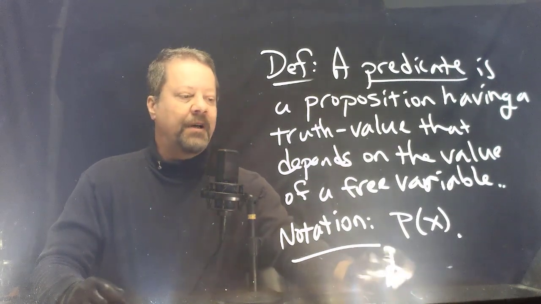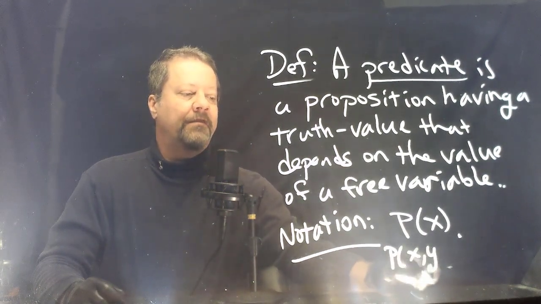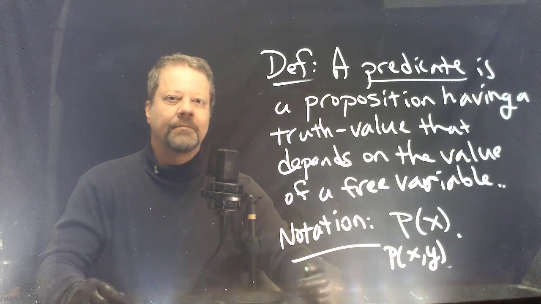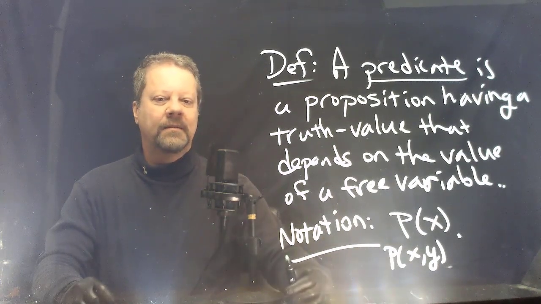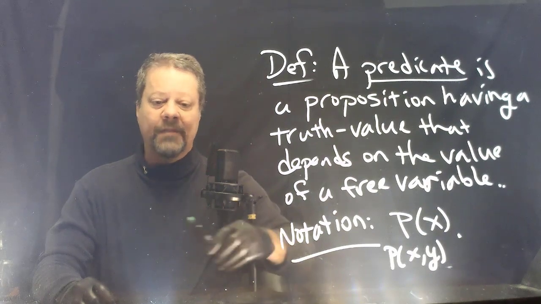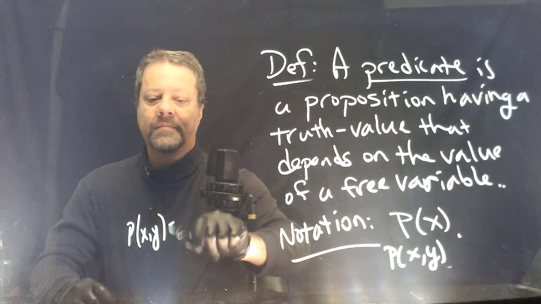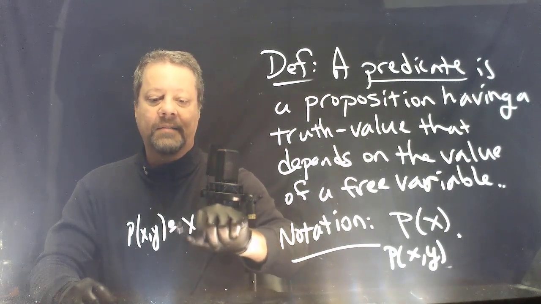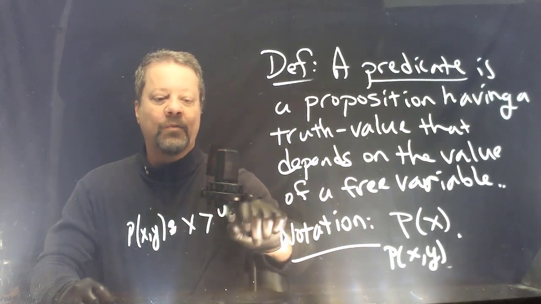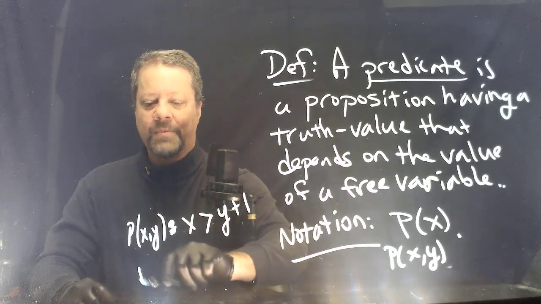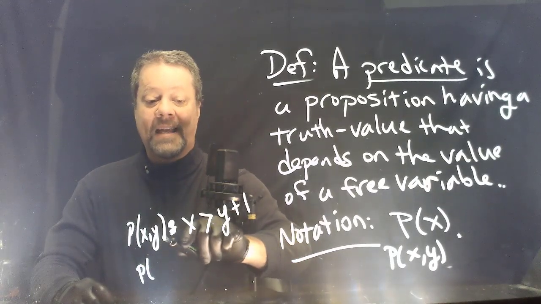It could depend upon more than one free variable. You could have several free variables, for example. An example of this latter case is, suppose p of x, y means x is greater than y plus 1. So the value of the proposition will depend upon both x and y.